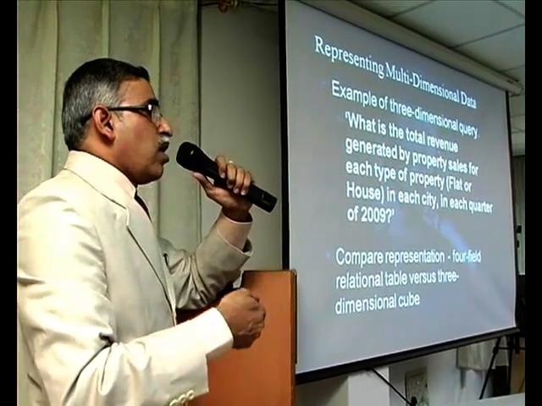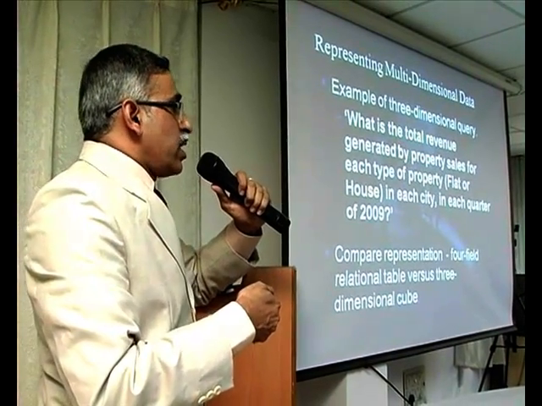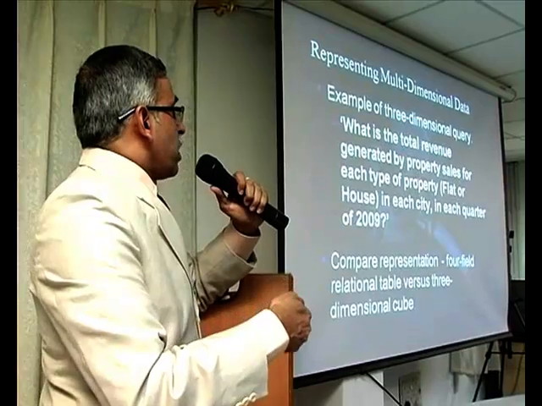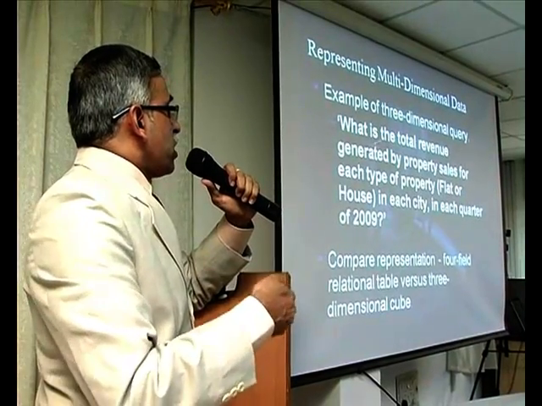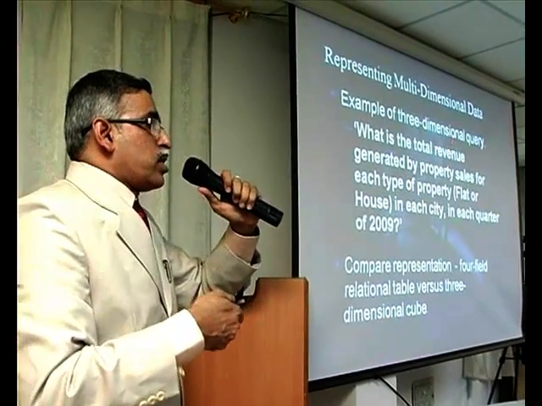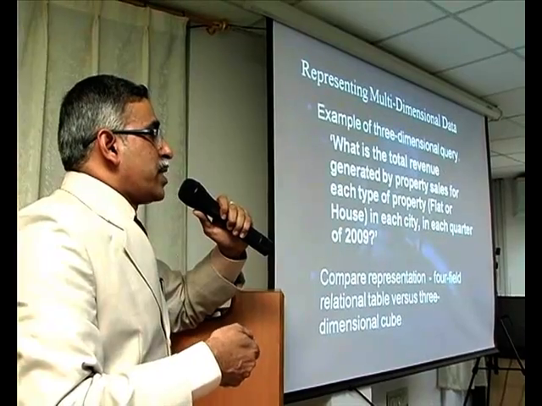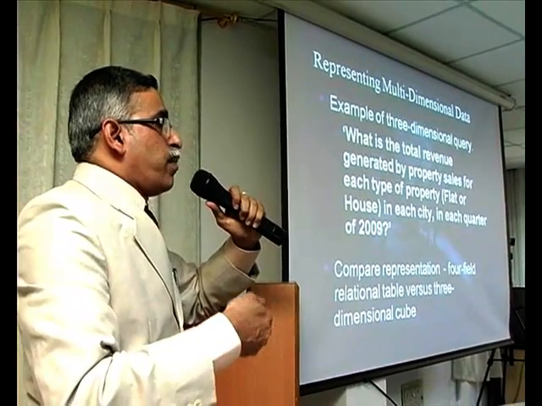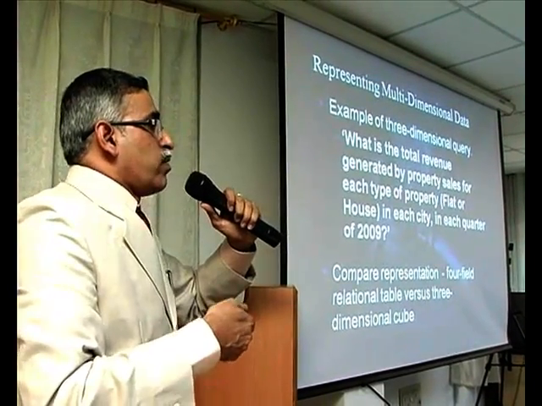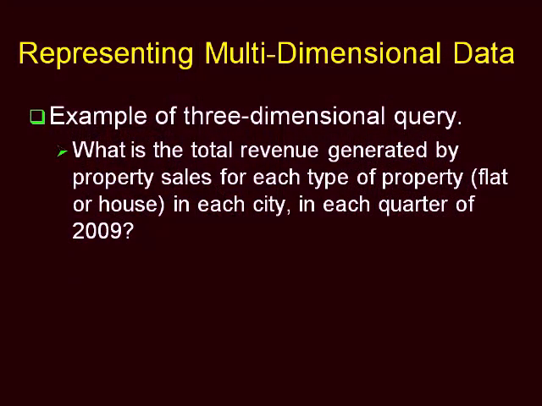So now how many columns are required in the tabular representation to store the results for this query? Four columns. When one dimension is added, 3 plus 1, 4 columns. Out of 4, 3 columns are for representing the dimensions, 1 column for representing the measure.